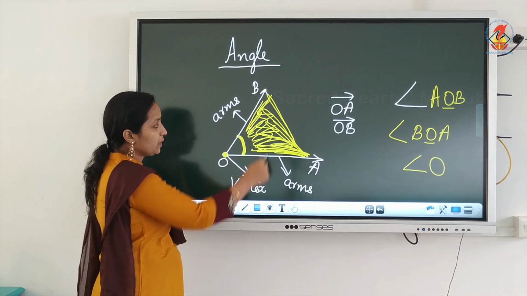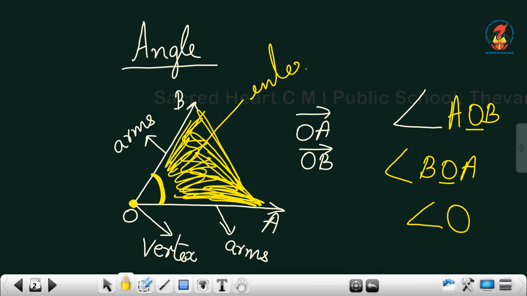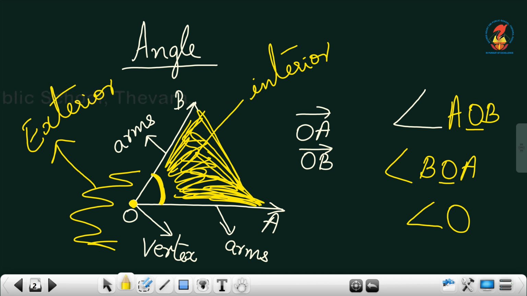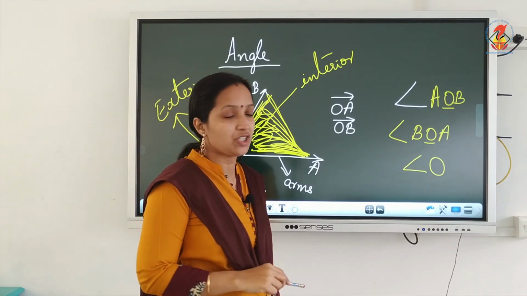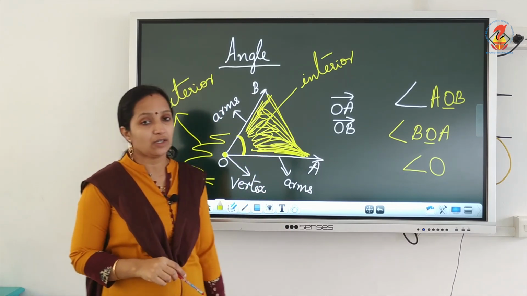The space within the two arms is known as the interior portion. And the outside portion is known as what? Exterior. The outside space is known as the exterior portion and the space within the arms of the angle is known as the interior of an angle.